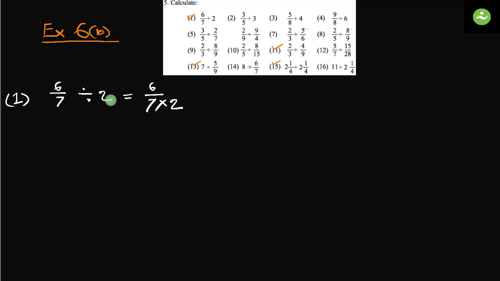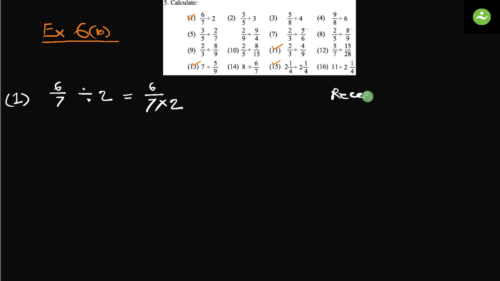What we are doing here is, instead of dividing by 2, we are multiplying by the reciprocal of the number. What is the reciprocal of 2?